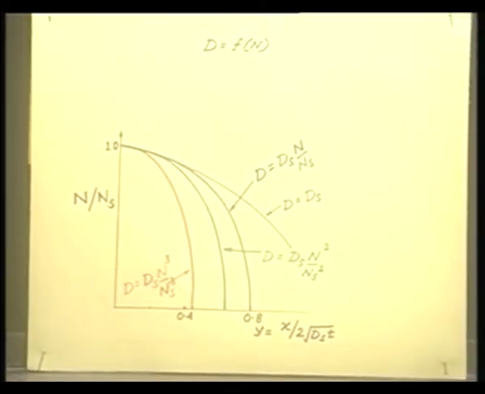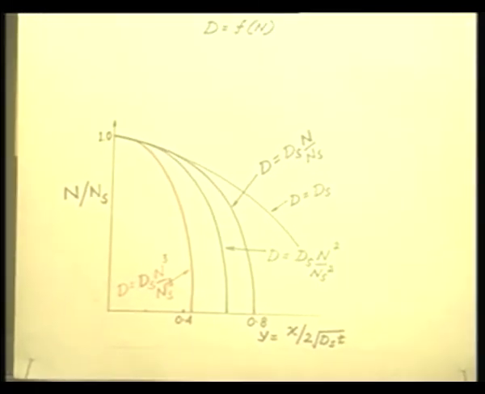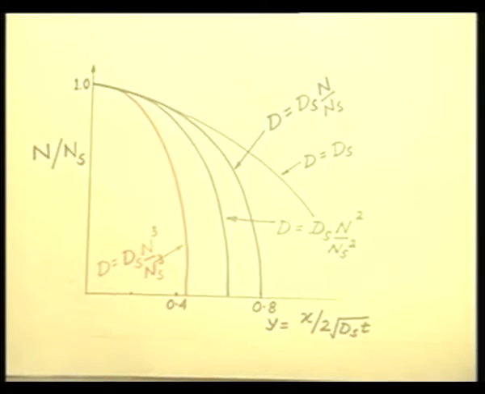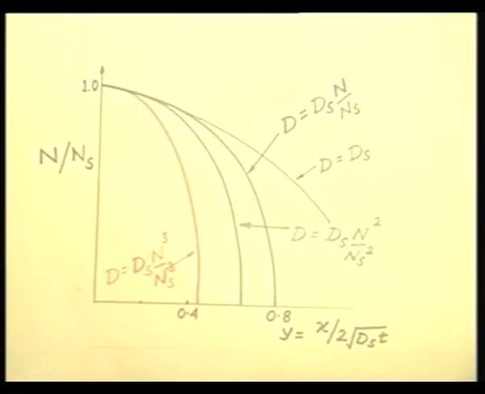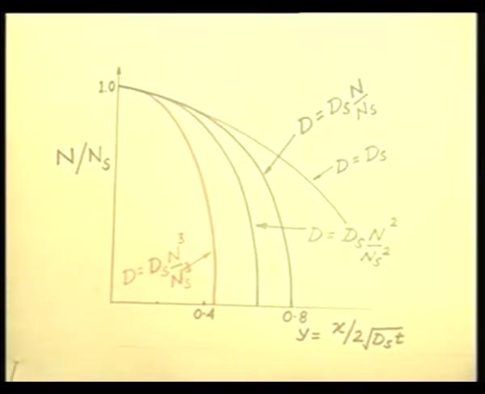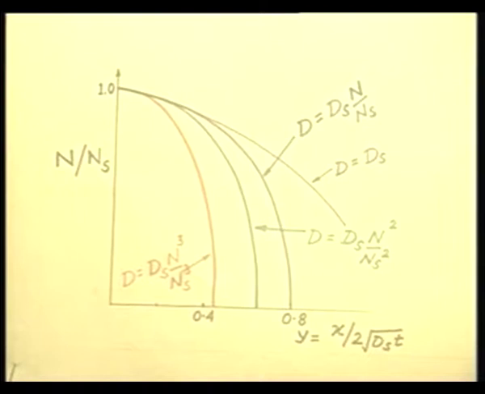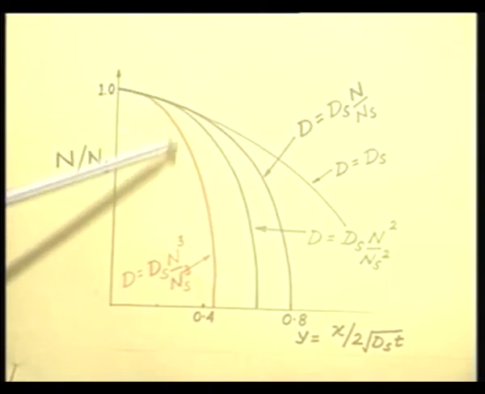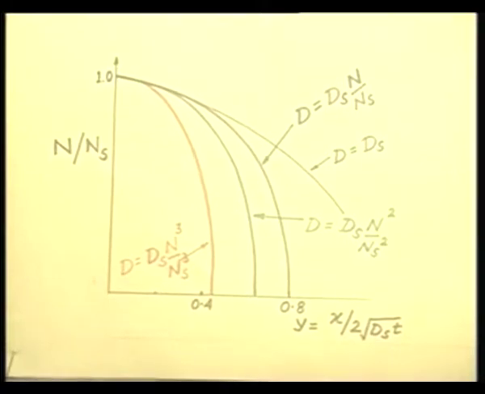So one thing is the junction becomes shallower as D shows a more power dependence on the doping concentration. The junction becomes shallower, and over a larger part of this junction, the doping concentration remains close to the surface concentration.